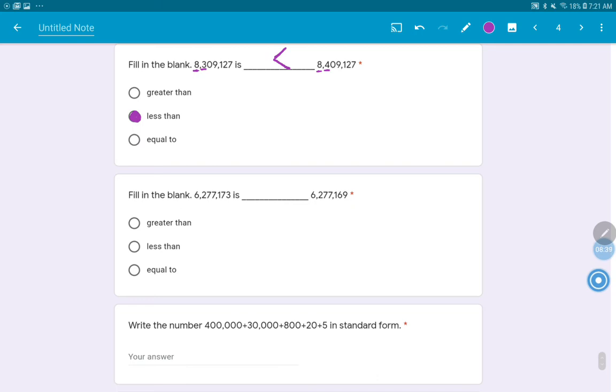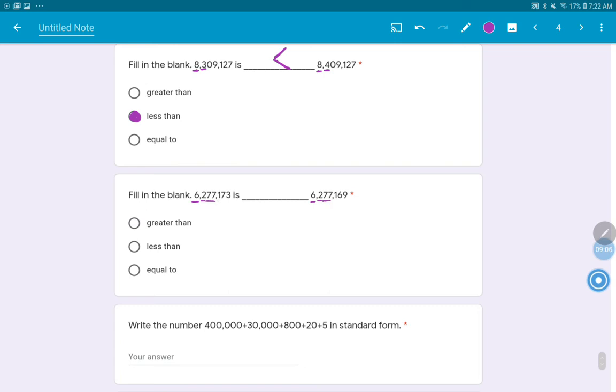On the next one, we're going to have to do the same thing. In both numbers, I have 6 million. I have 200,000, 200,000, so I have to keep going down to the next smaller place value until I have a number that's different. I have 7 10,000s and 7 10,000s, 7,000s, 7,000s.